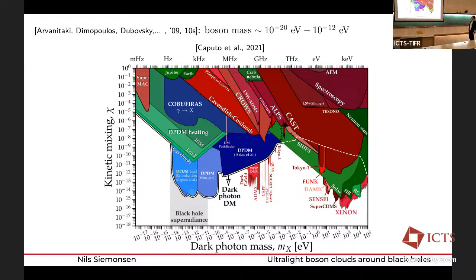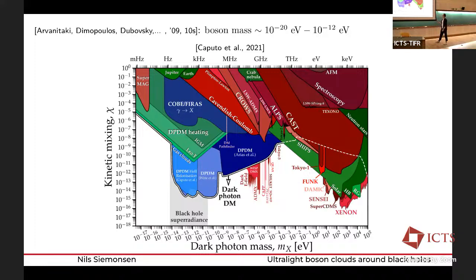All these colors indicate one experiment or one way of excluding this particular part of the parameter space with some measurements. What you can see is that the general trend is that the stronger the coupling, the more colors there are, and so the more and stronger constraints we have on the existence of these particles.